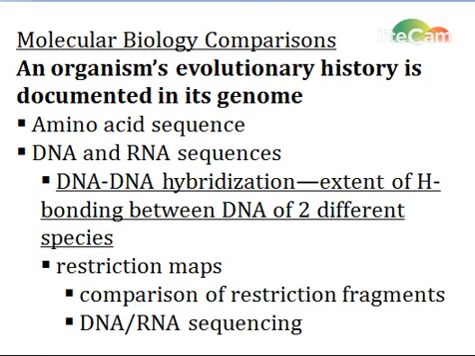This is part 4 of the lecture on chapter 26, and we're beginning this portion by looking at the molecular biology approach to making determinations of relatedness evolutionarily. So by comparing nucleic acids or other molecules, relatedness can be determined, and it's a valuable approach for tracing evolutionary history.